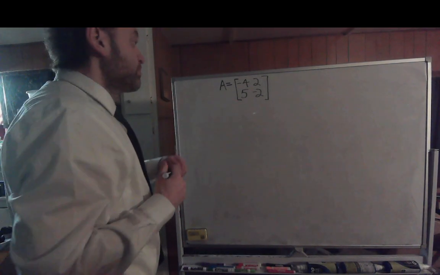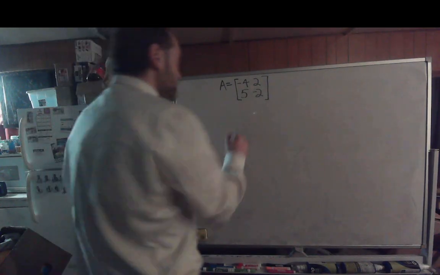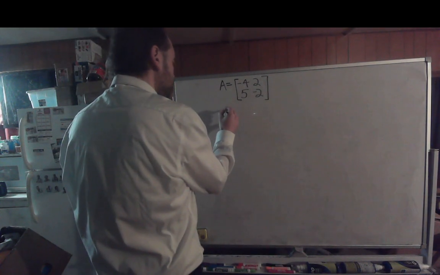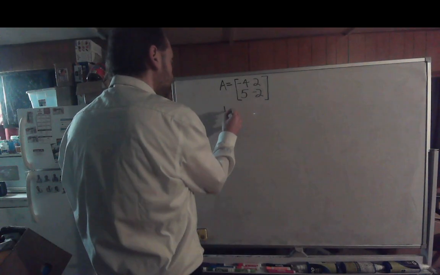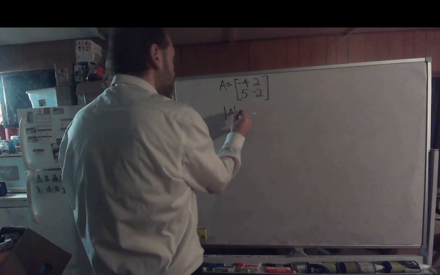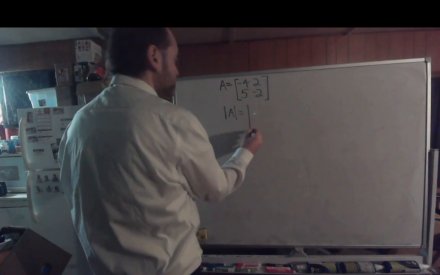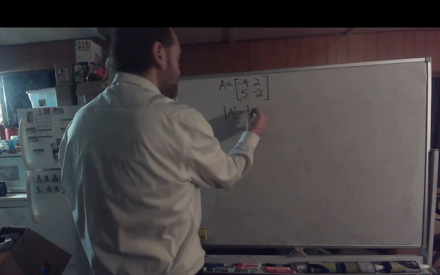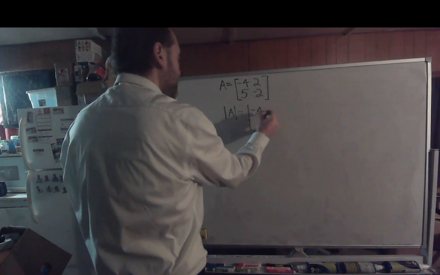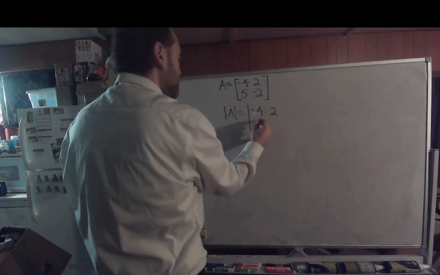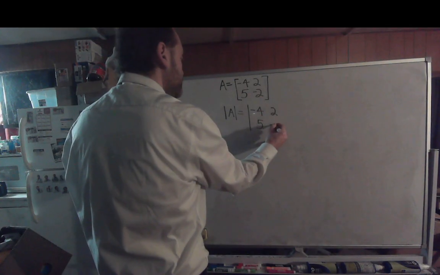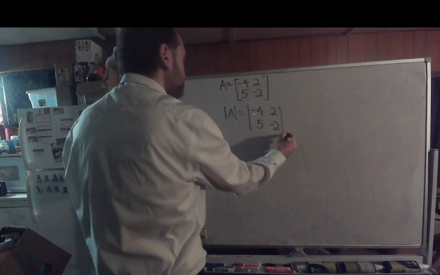To evaluate the determinant of A, you're going to want to place all these numbers inside of what looks like a big absolute value sign. Just take all the numbers from the matrix and do that.